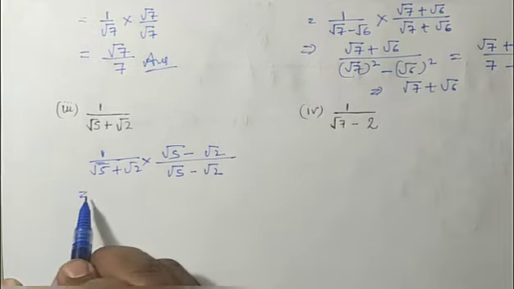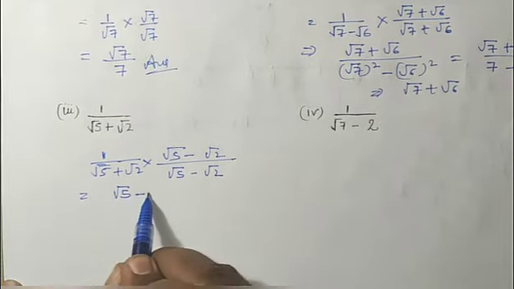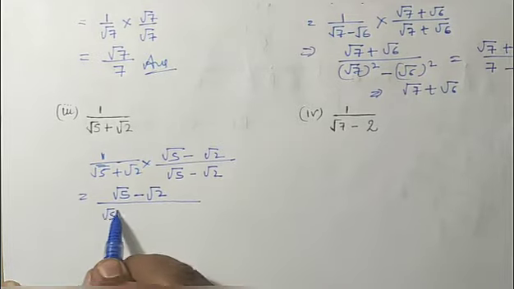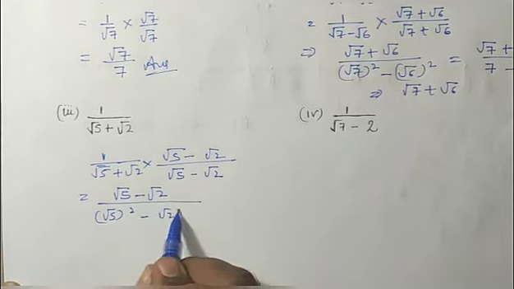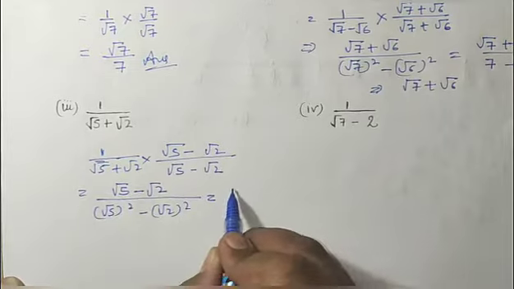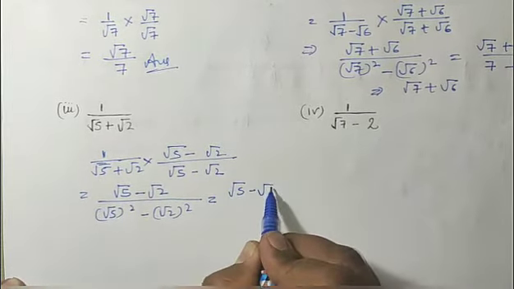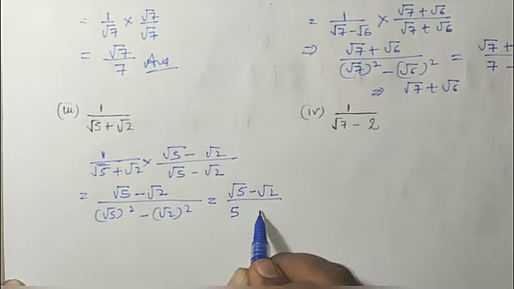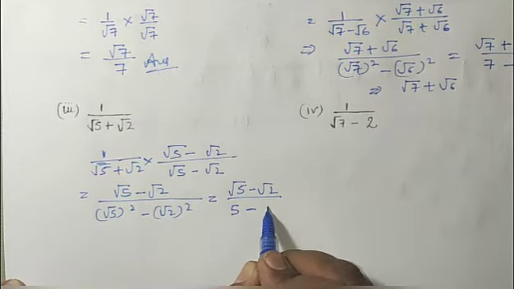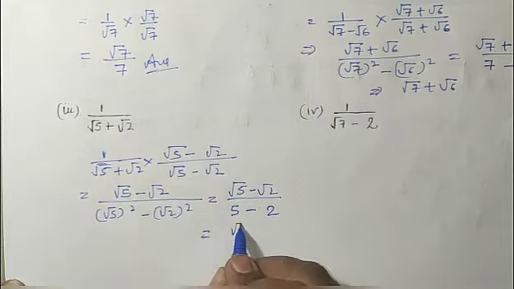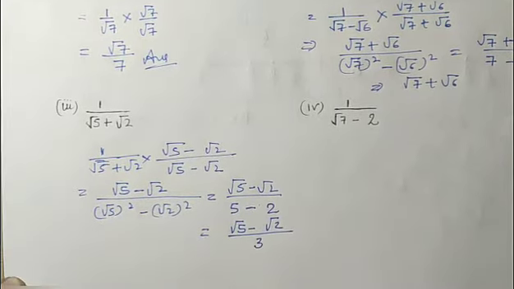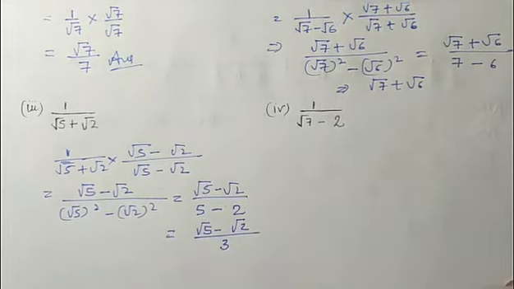So you will get, in the numerator directly, under root 5 minus under root 2, and in the denominator under root 5 square minus under root 2 square. Under root 5 square is 5, and under root 2 square is 2, so it will be under root 5 minus under root 2 upon 3. Okay, this will be your answer.